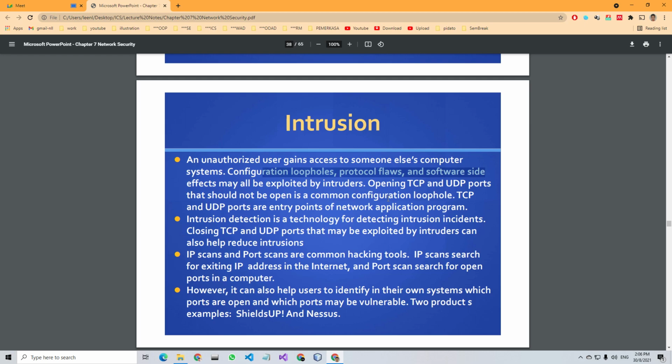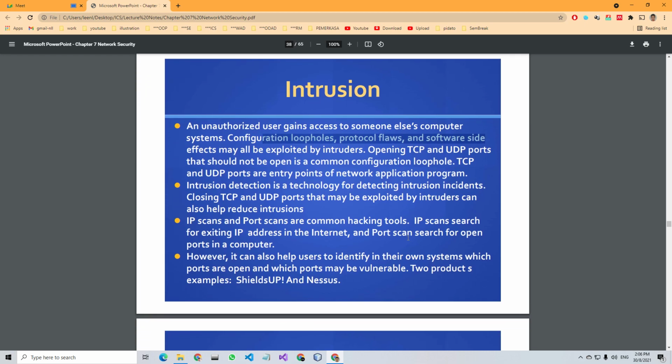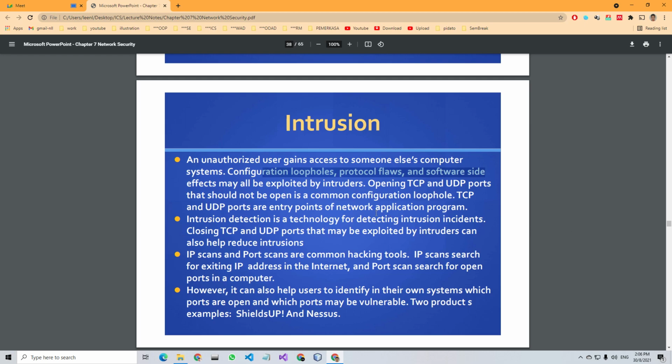They can access your computer, view information, change or even delete information, crash your computer, access private data, and could also be using your computer to access other computers on the internet. You look at the bullet here, the last bullet. It can also help users to identify on their own system which ports are open.